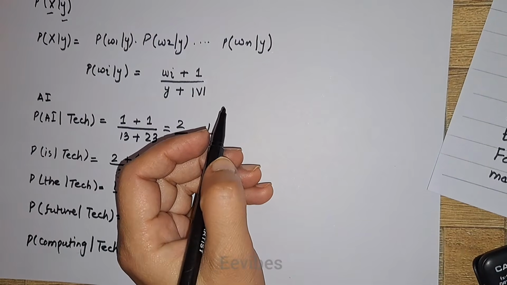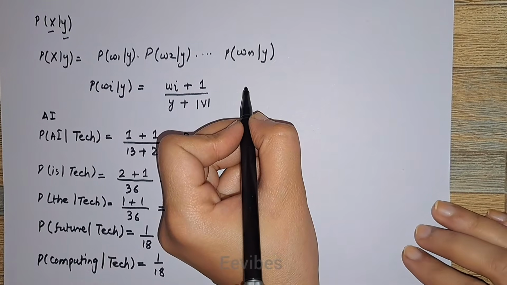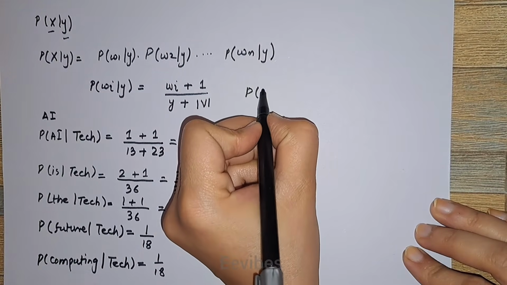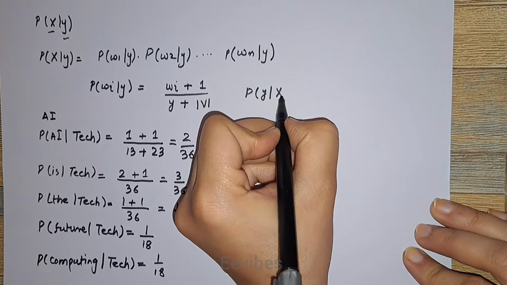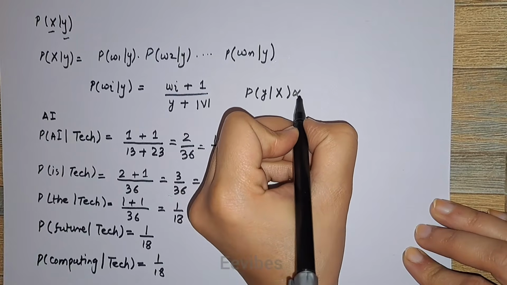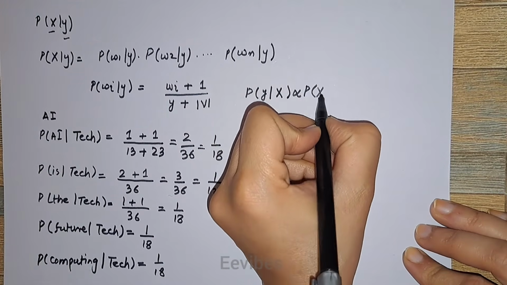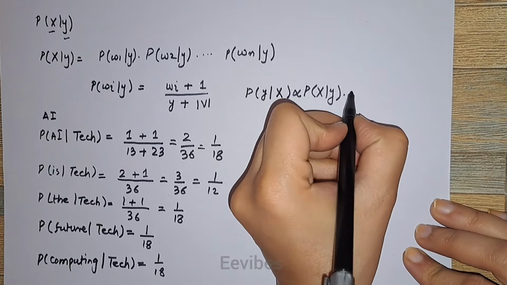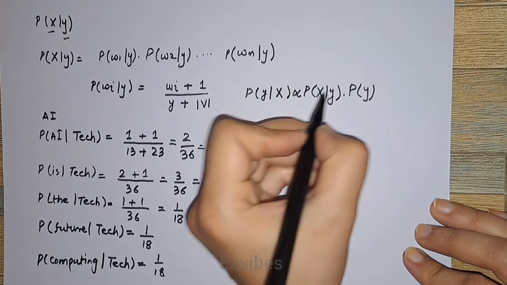Now what we need to do is evaluate the posterior probability, for which the probability of the class y given that these are the given words is directly proportional to the probability of x given y times the probability of class y.